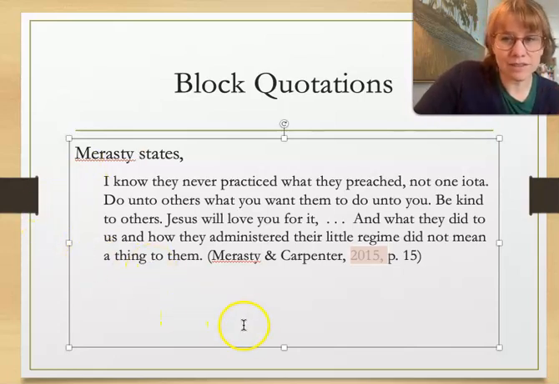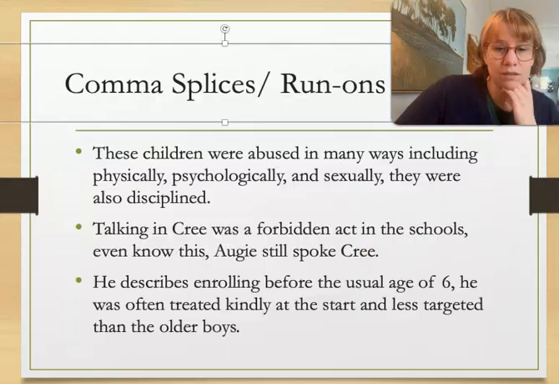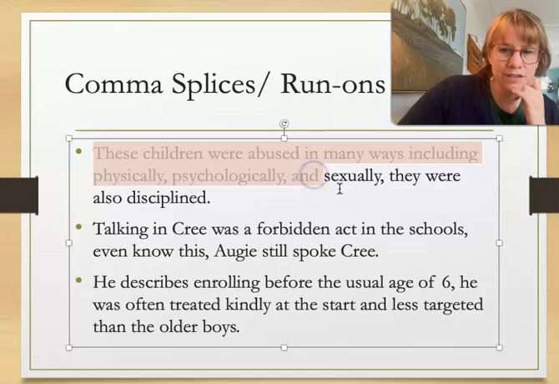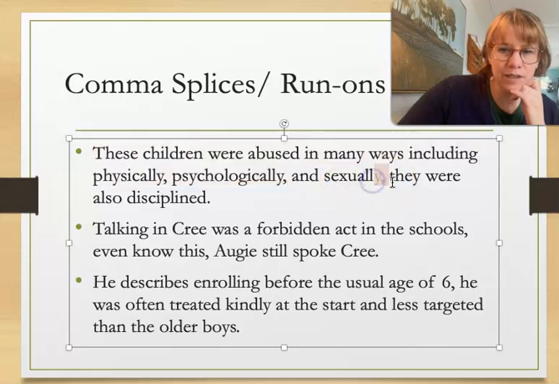There were a lot of little errors like that, but it wasn't too big of a deal this time around. Okay, and then the next problem that we see a lot in students' writing is comma splices and run-ons. This is when you have one main clause, then a comma, and then another main clause.